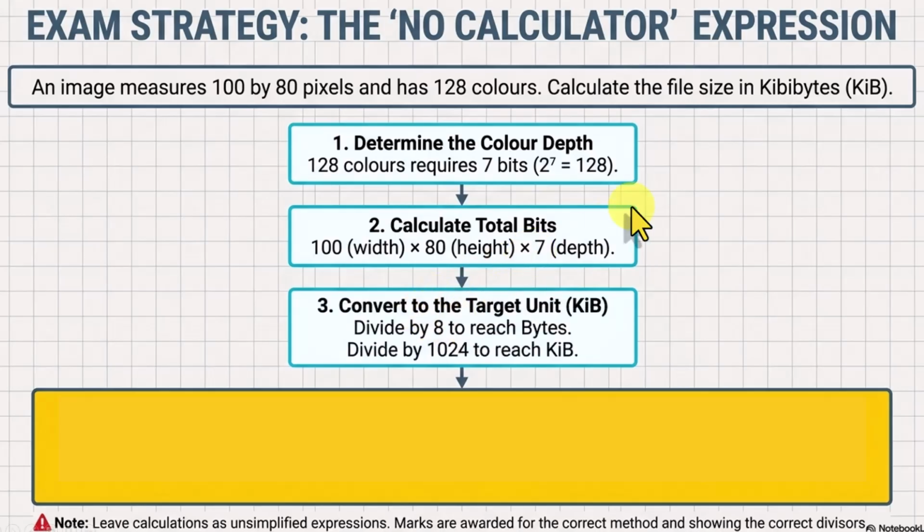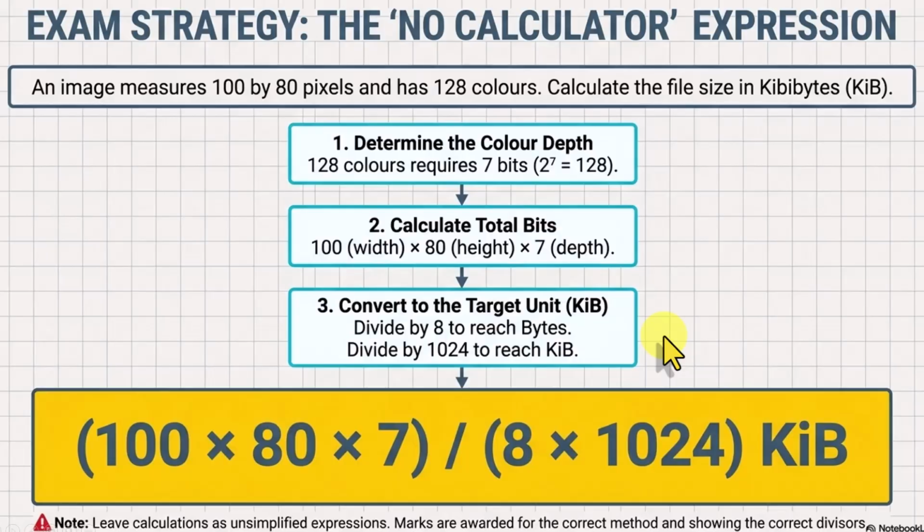Then convert it to the target unit, kibibytes. Simply divide by 8 to make it bytes, and divide by 1024 to reach kibibytes: 100 multiplied by 80 multiplied by 7 divided by 8, then divided by 1024.